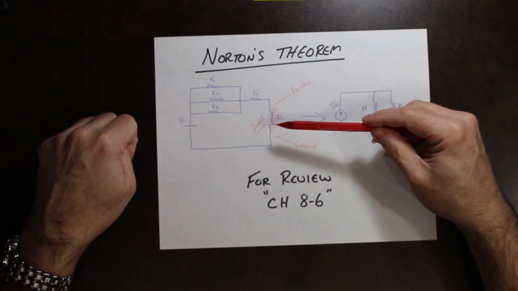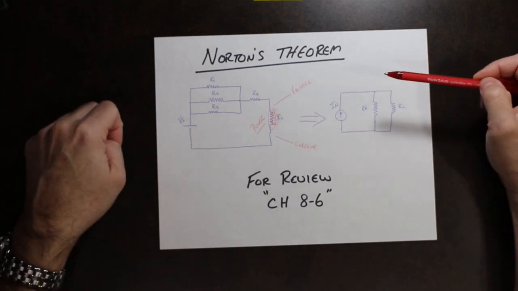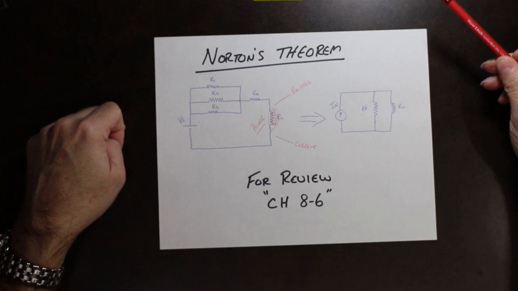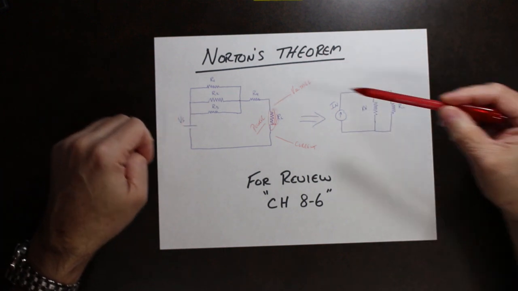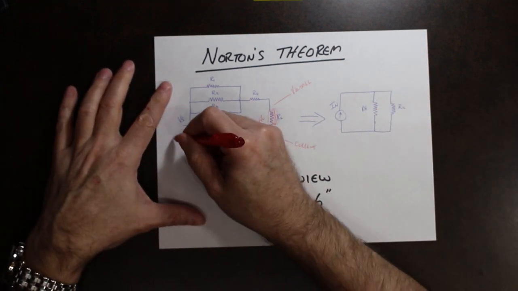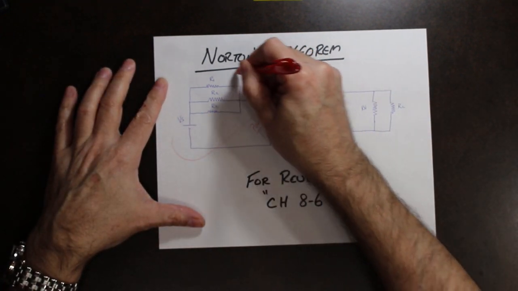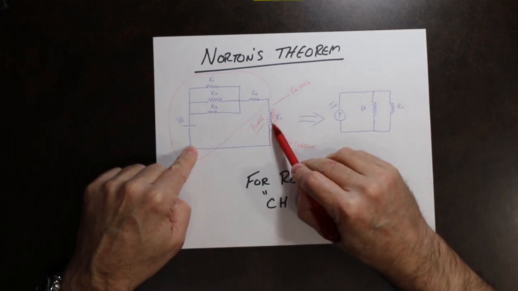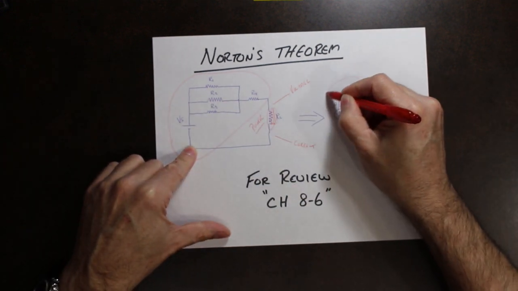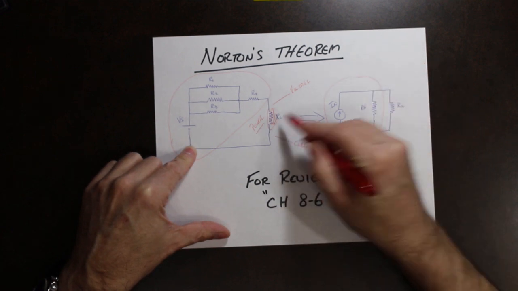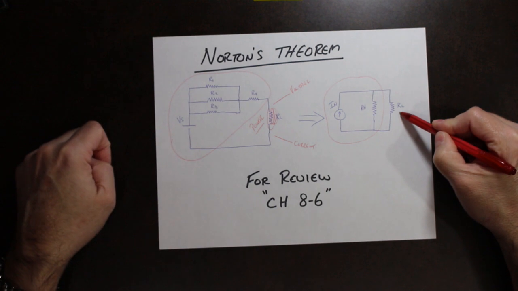But what happens if we want to change the load? All of our calculations change. In Norton's, what we do is take an equivalent circuit. The equivalent circuit is this without the load. So that becomes this, and the load gets attached later.